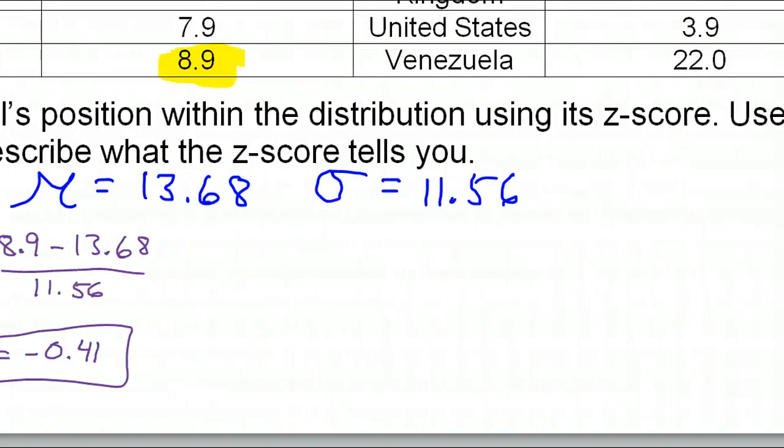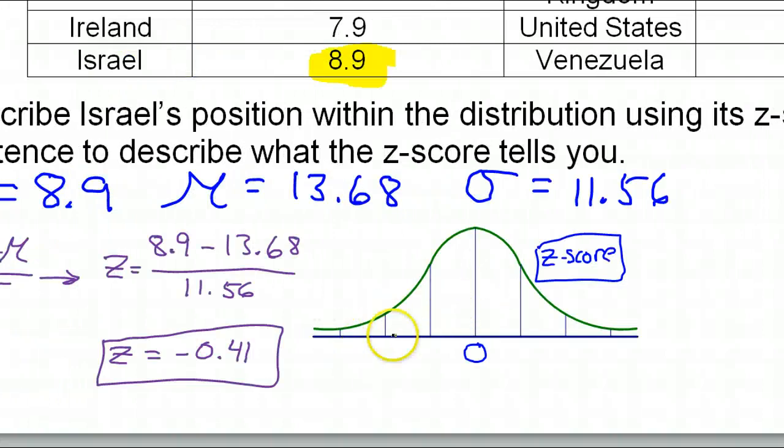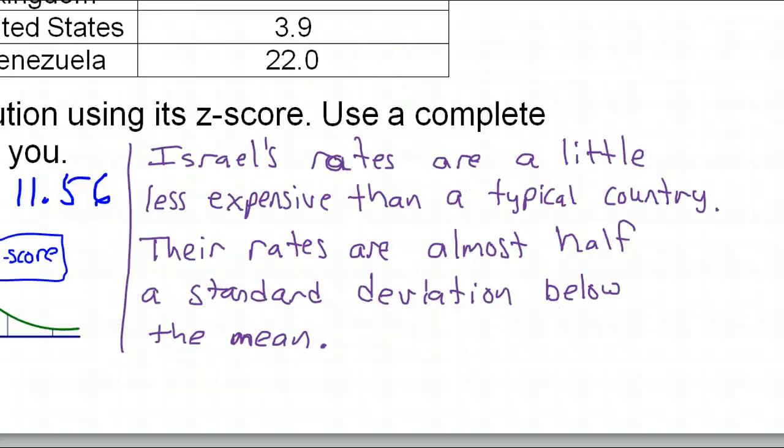If I'm looking at a z-score distribution, with 0 in the middle, Israel is going to be right about here. That puts Israel a little bit below the mean, but less than half a standard deviation below the mean.